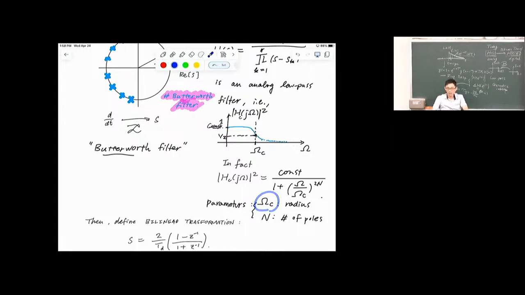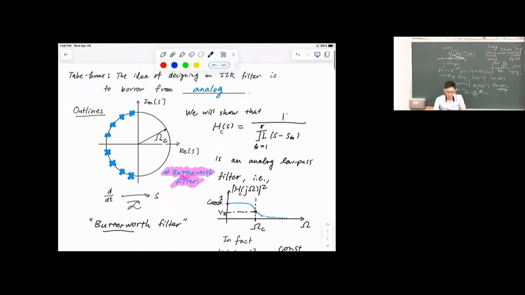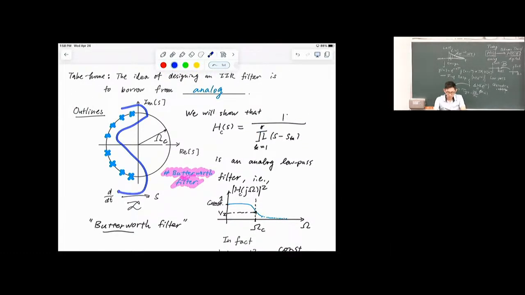And how about n? N occurs right here. N turns out to be the order. In this particular example, we have 8 poles, so n is 8.